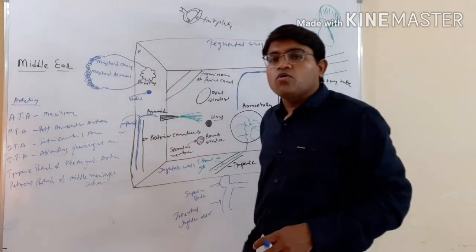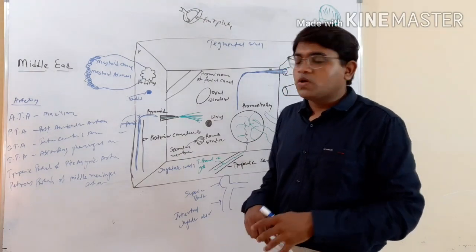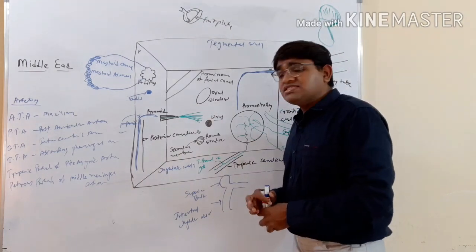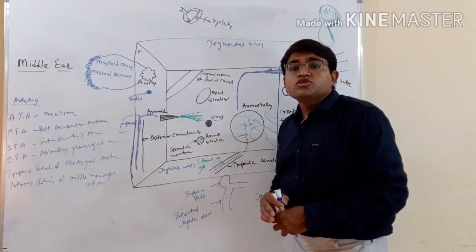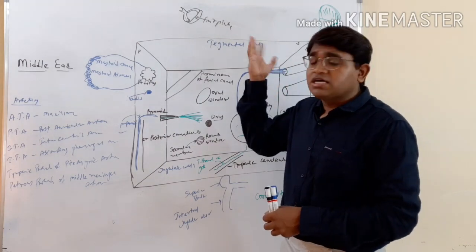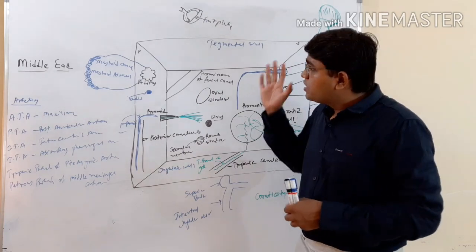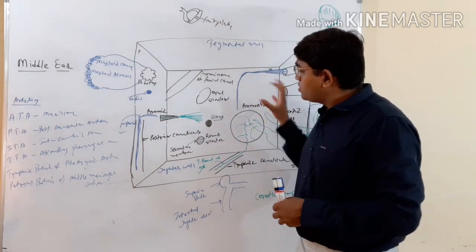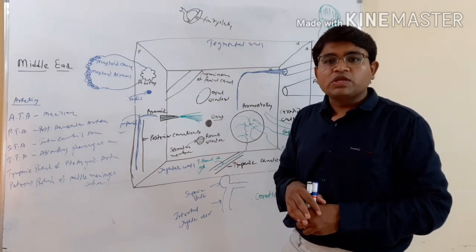These arteries are also supplying this middle ear cavity. Okay. Then the veins draining this middle ear cavity are lastly drained into the superior petrosal sinus. Okay, the superior petrosal sinus is in relation with the petrous temporal bone. So all the venous drainage finally reaches this superior petrosal sinus.